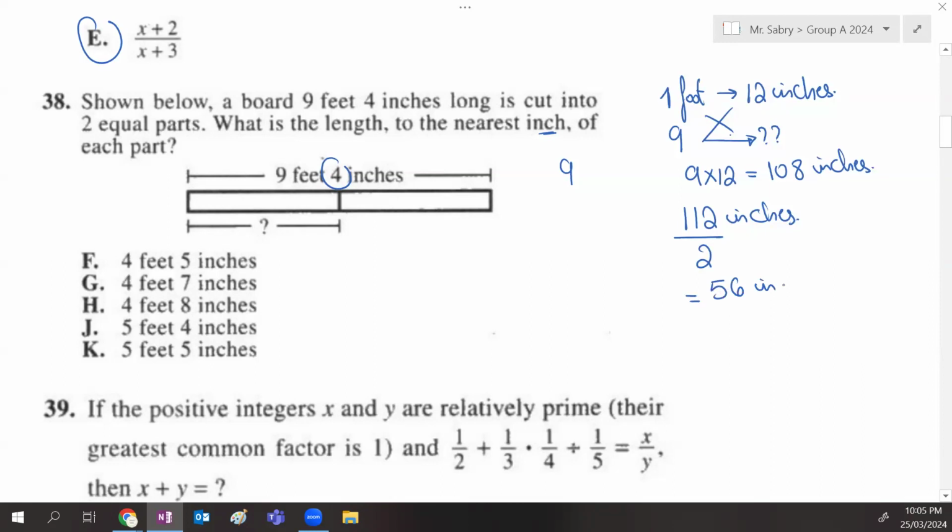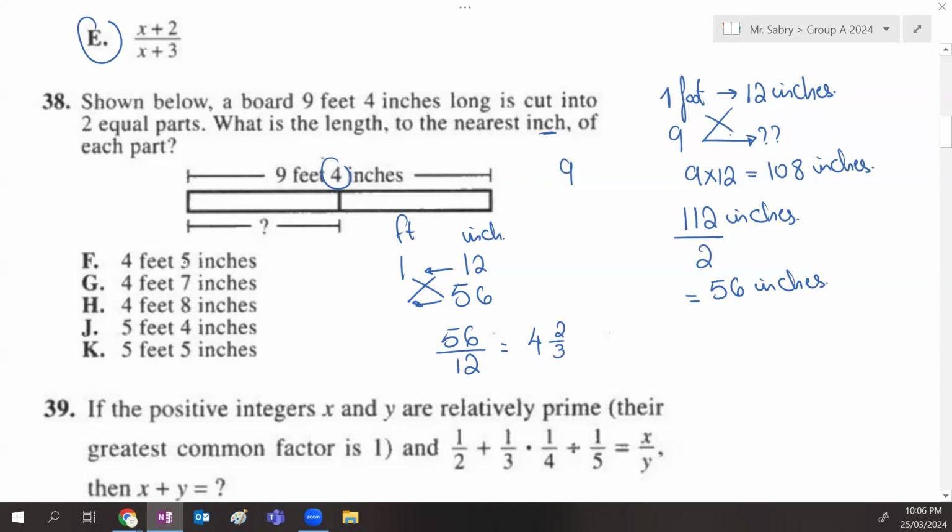That would get me 56 inches. Now I'll need to turn the 56 inches back into feet, so I'll put 56 under the inches, and I'll cross multiply, so that would become 56 over 12. On a calculator, 56 divided by 12, Shift SD, that's 4 and 2/3.